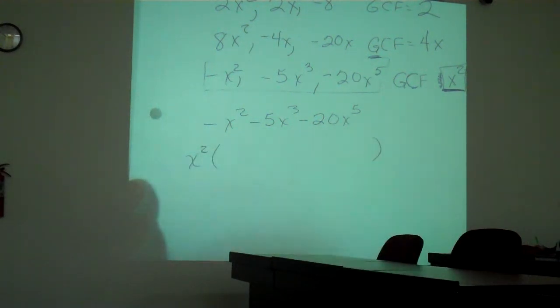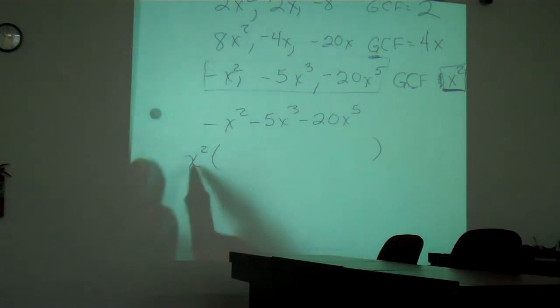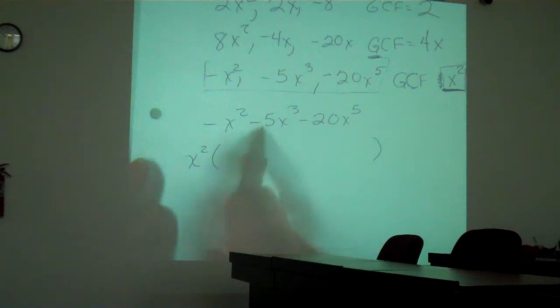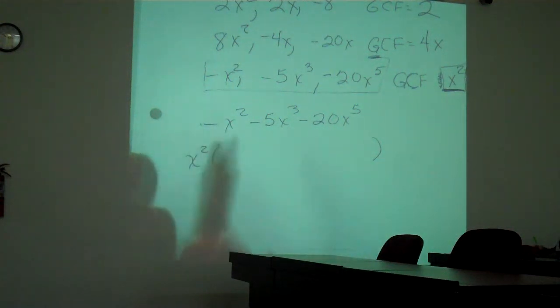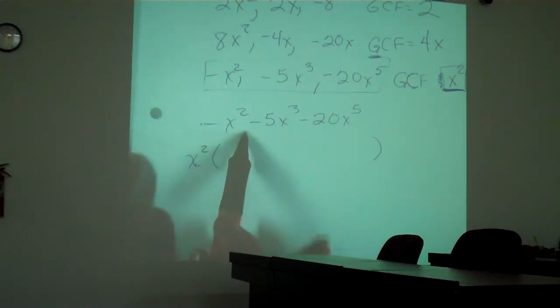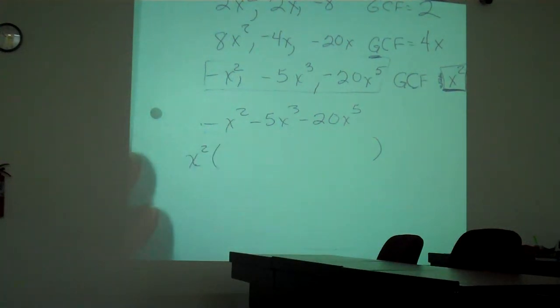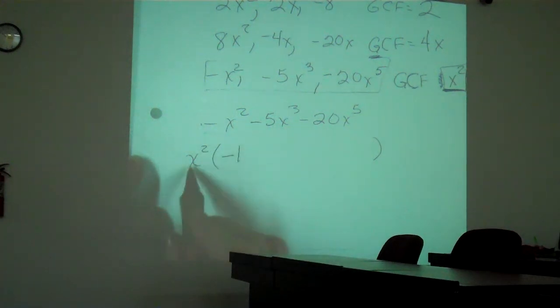And then in parentheses, we're going to put what we would have to multiply to get this back. So we're actually dividing every term by this x squared. This term divided by x squared is negative 1, because if you multiply this times this, you'll get negative x squared.